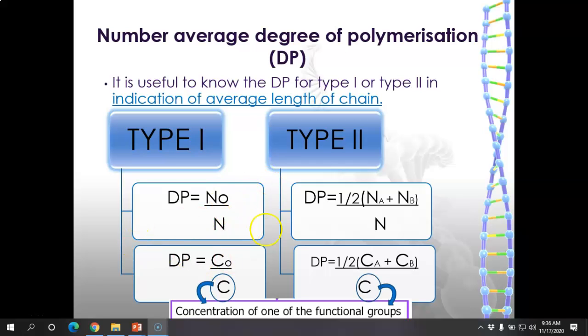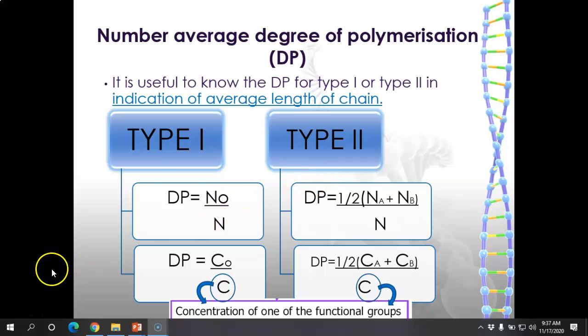C initial here is the initial concentration of the monomer, and the C below is the concentration of one of the functional groups.